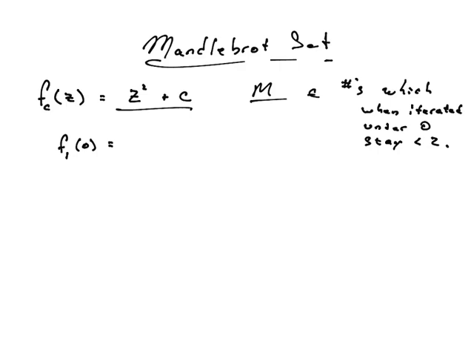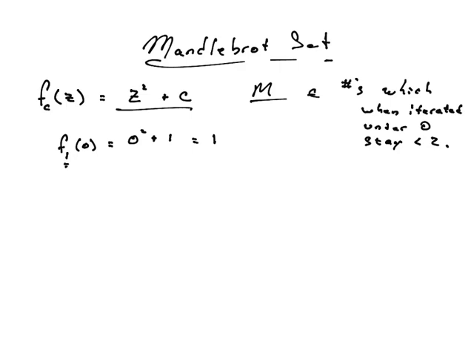And for the Mandelbrot set, you always start it as 0. So z starts as 0. The c we're testing for this particular example is 1. So the first iteration goes 0 squared plus 1. And of course, 0 squared is 0, plus 1 is 1. So we get the answer out, we get 1.